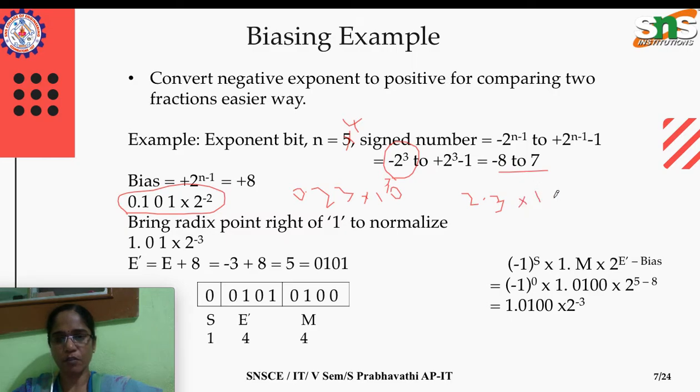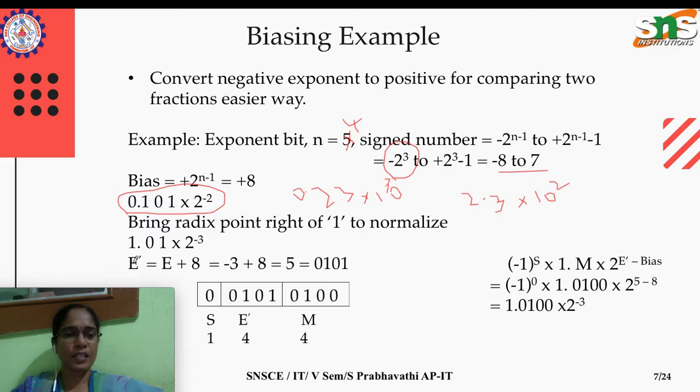Because I have moved the point one number towards the left. Instead of 10 power 3, it will become 10 power 2, is it not? So similarly here, it's a negative number. If I bring it over here, it will be decreased to 2 power minus 3.